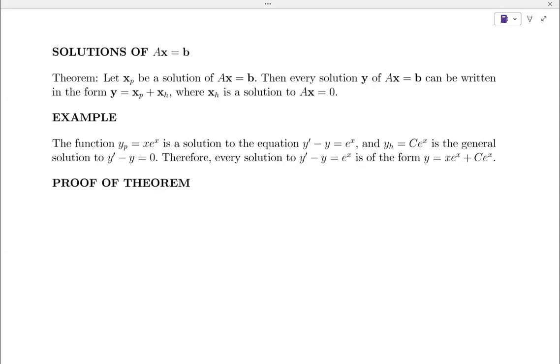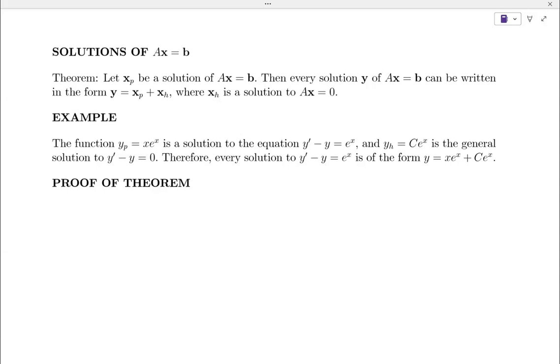Here is a first order differential equation. First order because it involves the first derivative. You can check easily that one solution to that differential equation is x e to the x. Take its derivative, plug it in, and you'll see that you get e to the x. That's a Calc 1 problem, so I'm not going to go through it now.